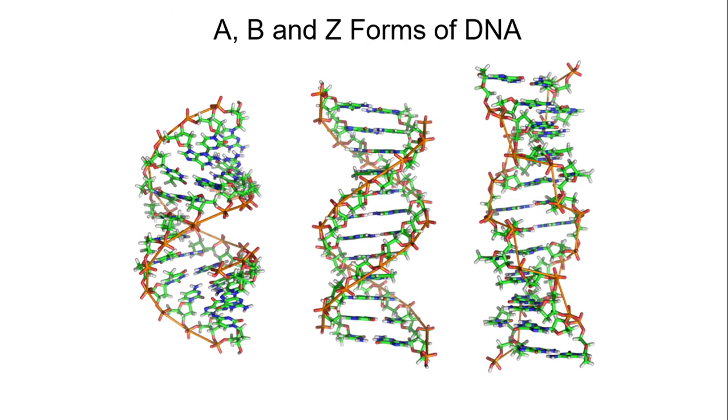So it's skinny. The grooves are about the same width, so you don't see major and minor grooves here. This is generally an unfavorable structure, but it can be promoted by poly-GC sequences, which we will talk about later.